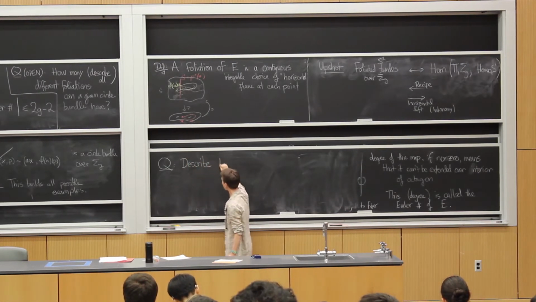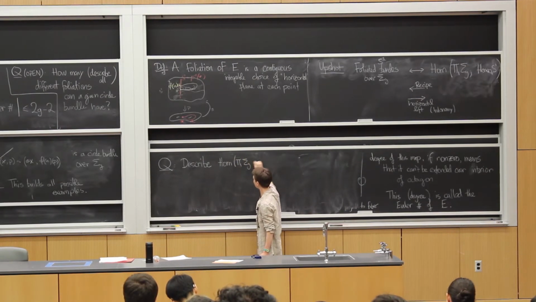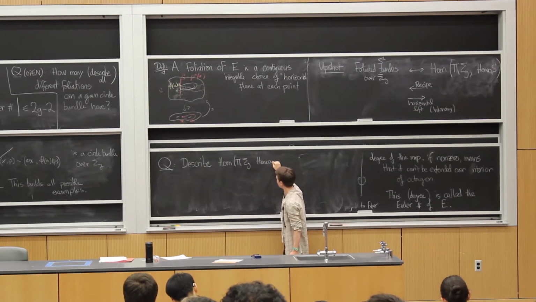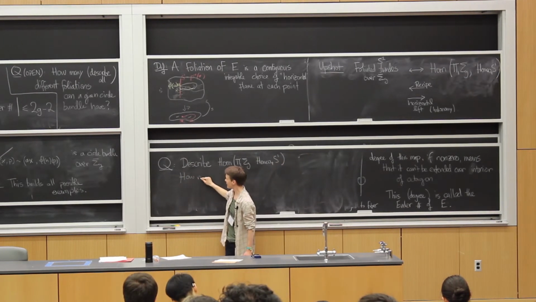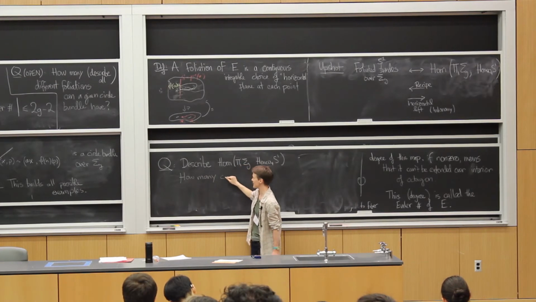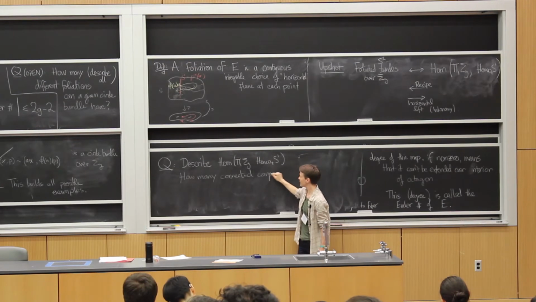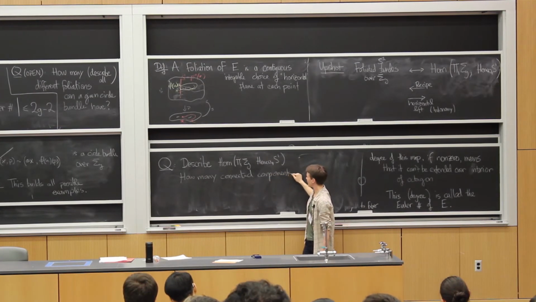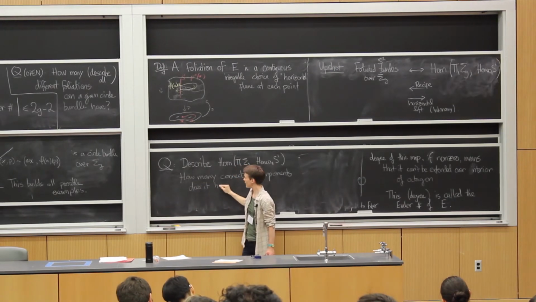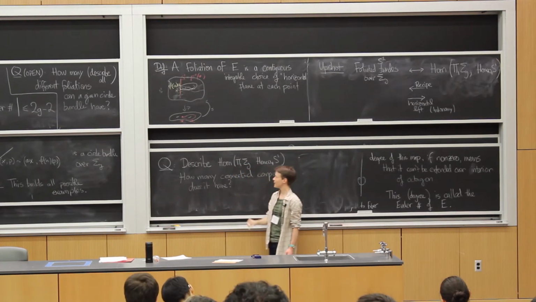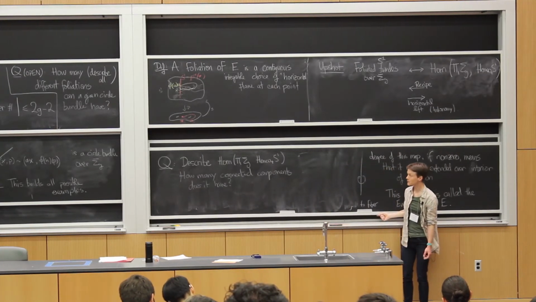It's to describe this Hom space: how many connected components does it have? That's something we don't know. There could be a number, there could be infinitely many.